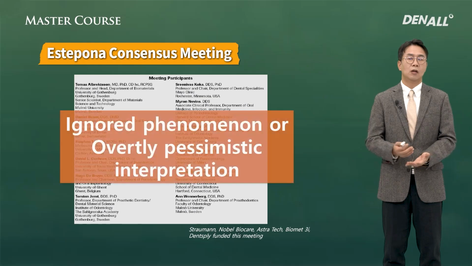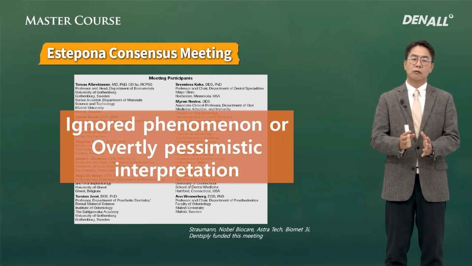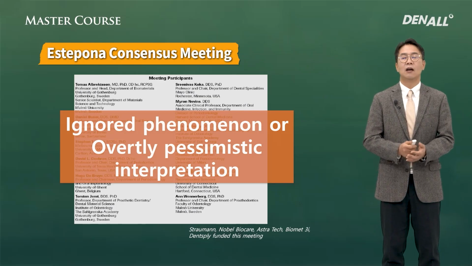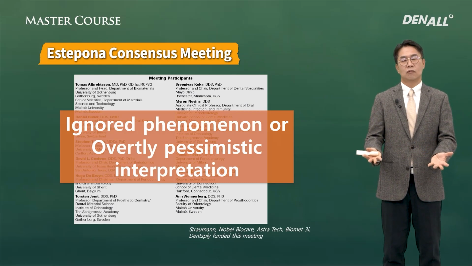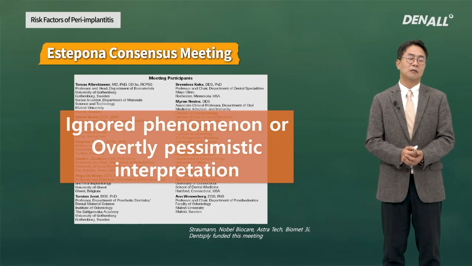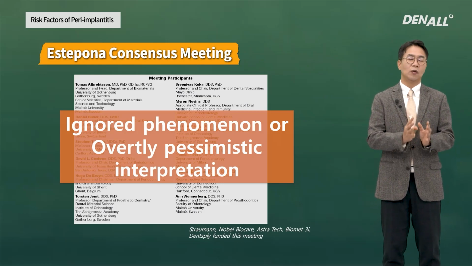but still, the consensus concluded that we are too optimistic. The prevalence is not that serious. In the same year, the two groups gave contradictory results depending on how we define the disease and how we look at them.